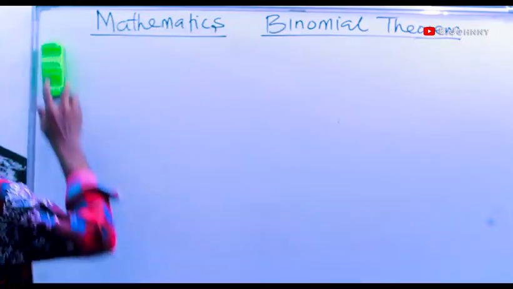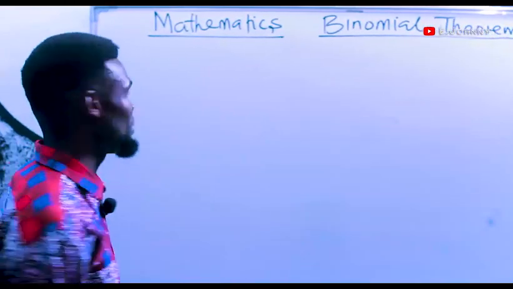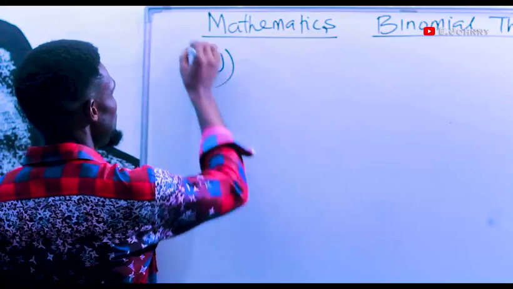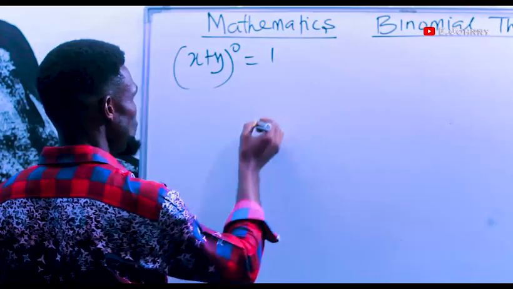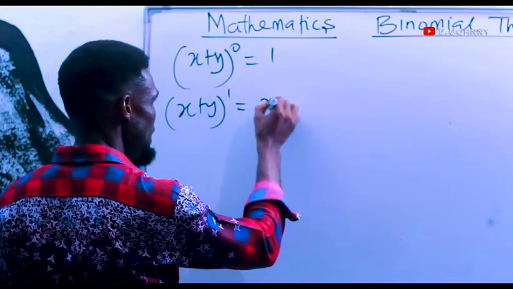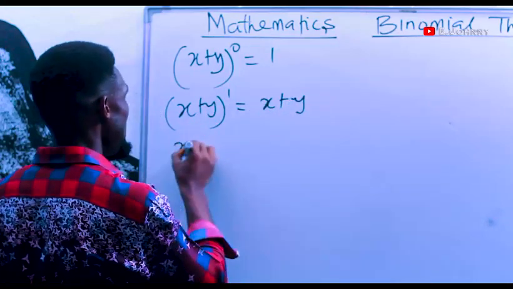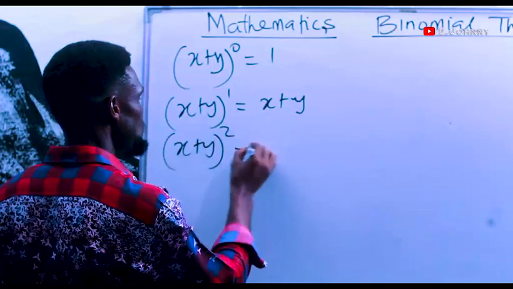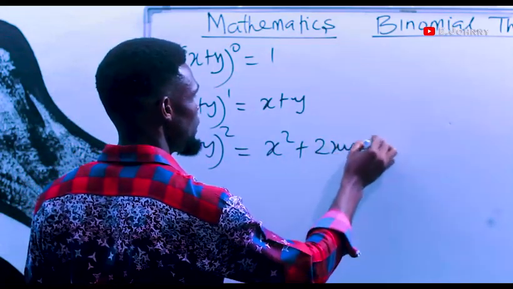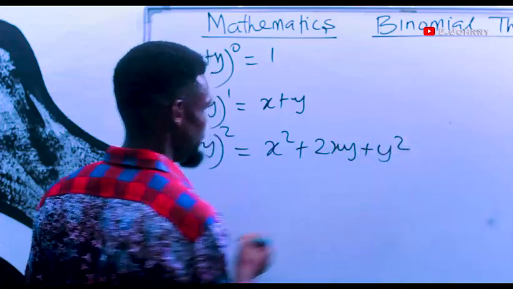Recall in my previous video, I said if you have x plus y raised to power 0, the answer is 1. X plus y raised to power 1 is still x plus y. X plus y raised to power 2 is x squared plus 2xy plus y squared.